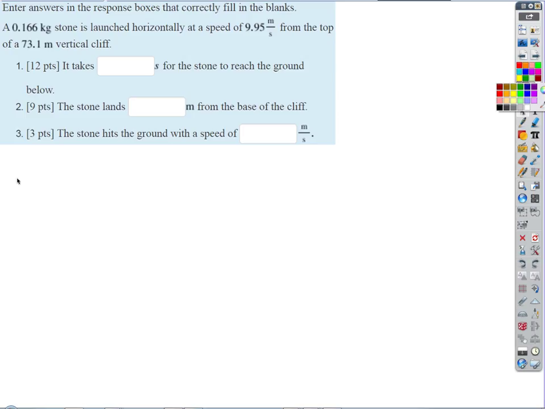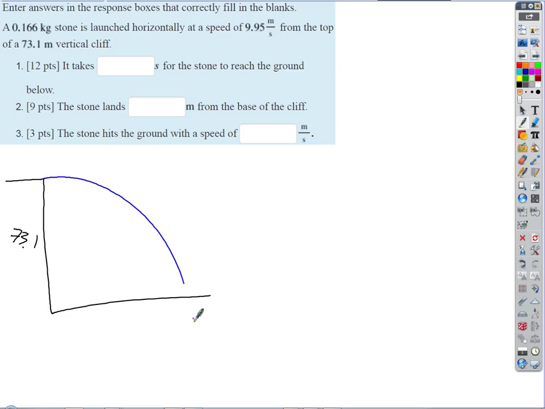So here's our cliff. And the height of the cliff is 73.1. And the path of the projectile is just going to be something kind of like that, right?